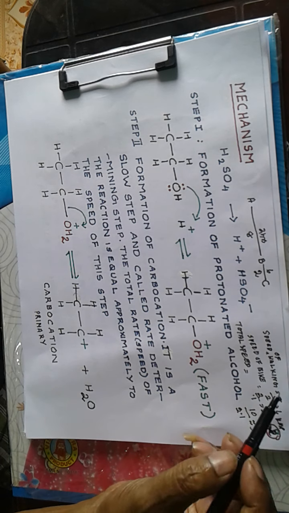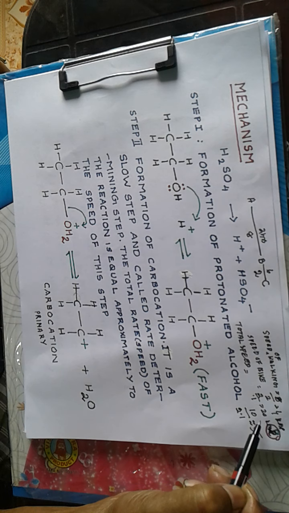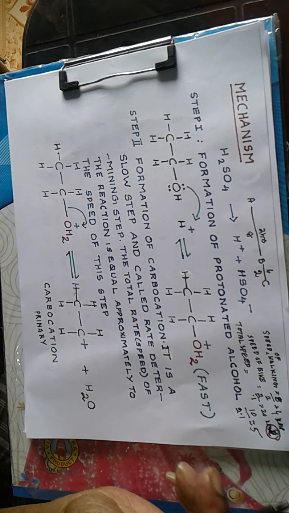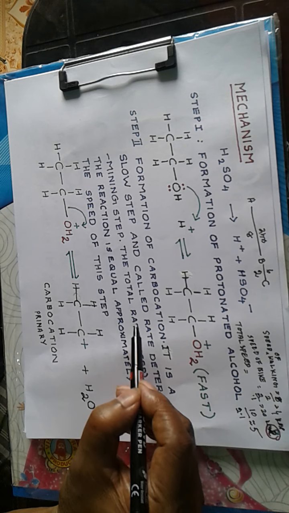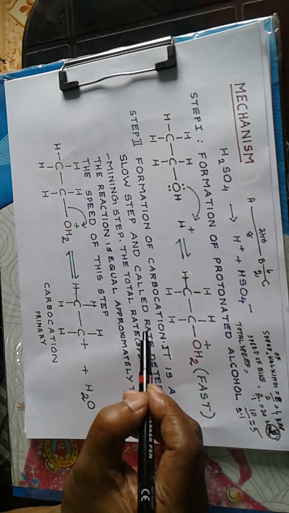Now total speed is approximately equal to the speed of walking, because speed of bike is very high. So that is the assumption behind the fact that the slow step is called the rate determining step, because the speed of the slow step will be approximately equal to the total speed of the reaction.